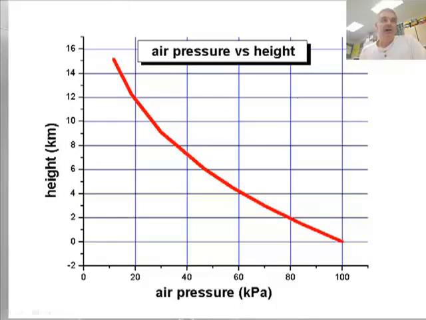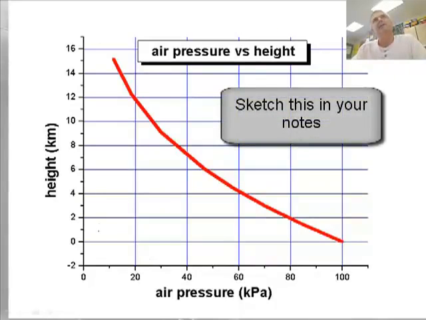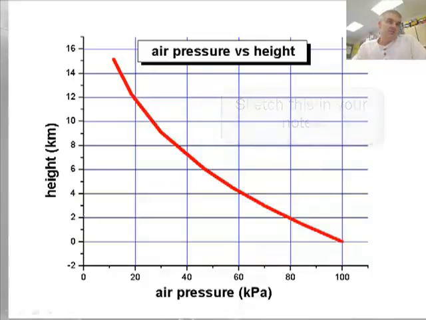And in fact, here's a graph of that: air pressure versus the height, in kilometers. So when you go higher, if we are at 8,000 feet, what are we at? I don't know, 5,280 feet is a mile, so we're only about a mile.